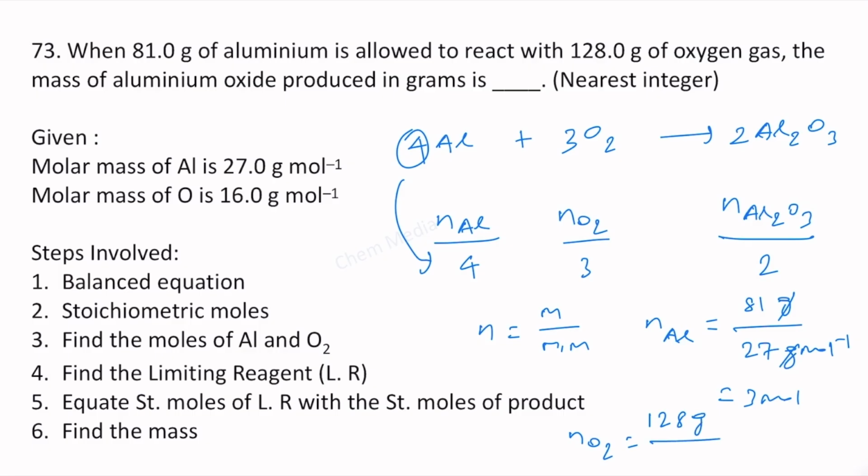Molar mass of O2 is 32 gram per mole. Here they have given the atomic mass of oxygen. Therefore, for O2 you have to multiply by 2 because we have 2 oxygen atoms. Therefore, this is 32 gram per mole. Therefore, this will be 4 moles.